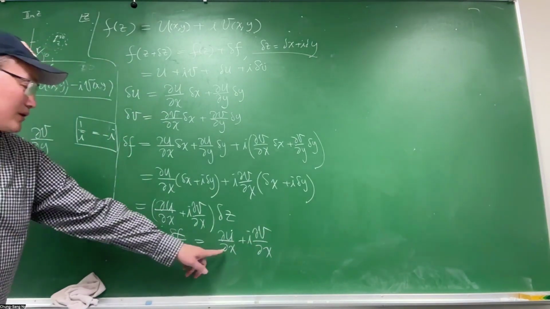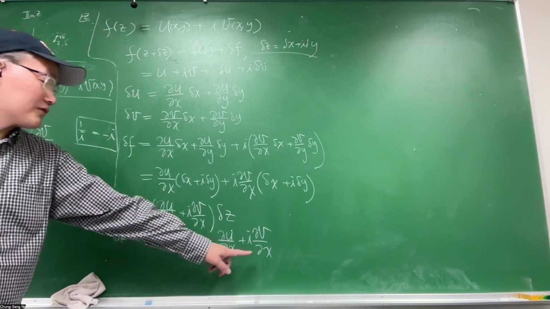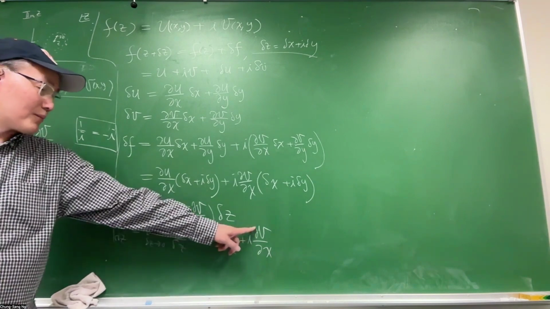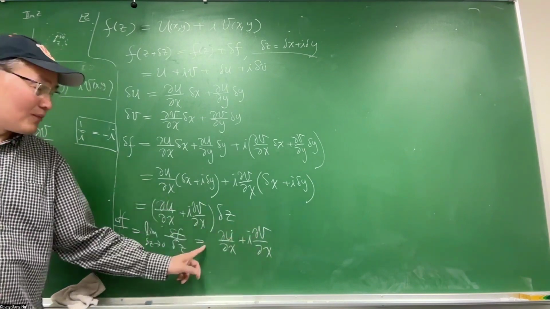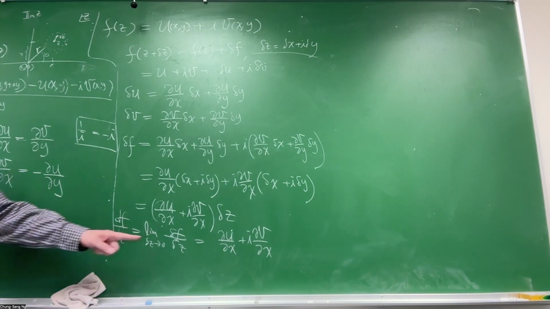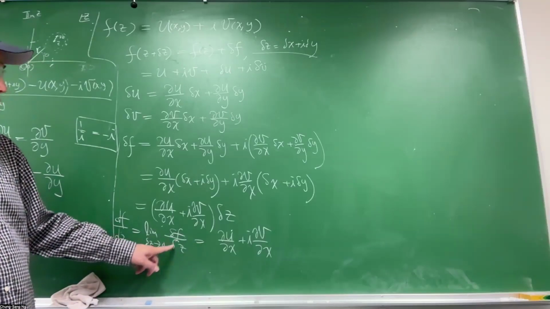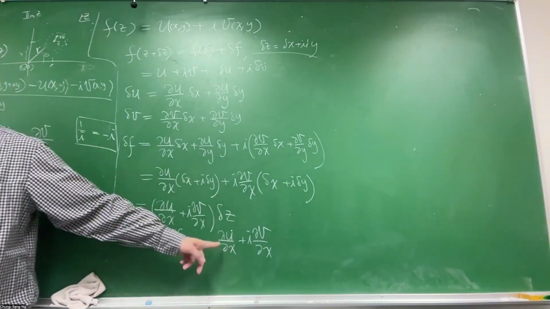Okay, so now by the definition, we get these two functions, partial u partial x plus i partial v partial x. Both are well defined, assuming u and v are well-behaved functions, and it's independent of delta z now. So whatever delta z, we still have the same thing.